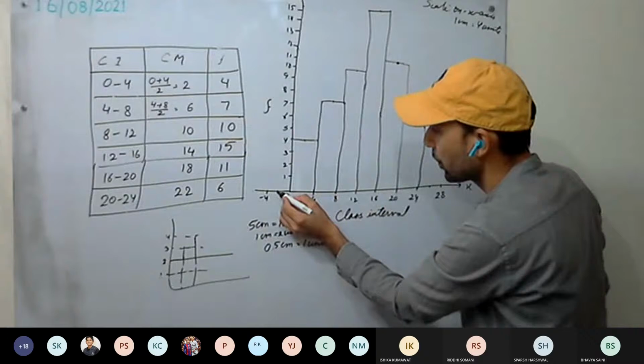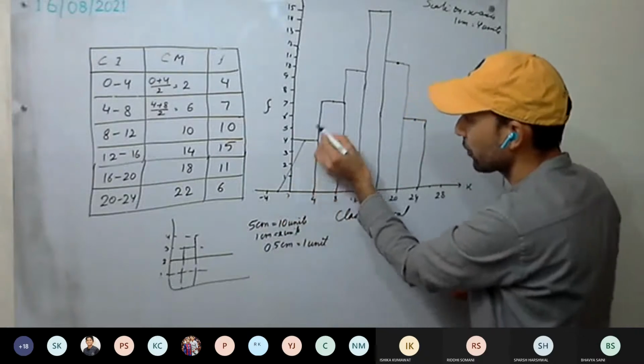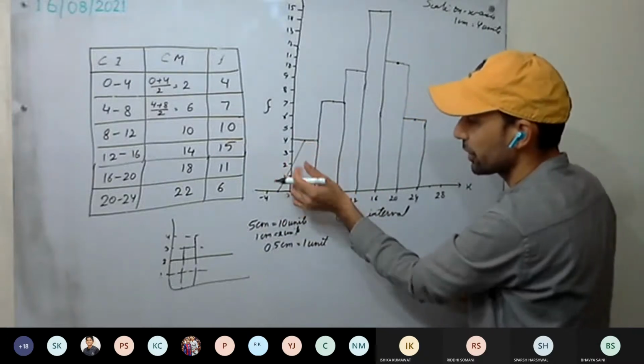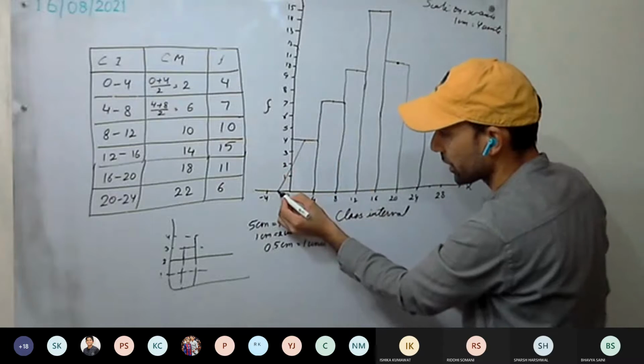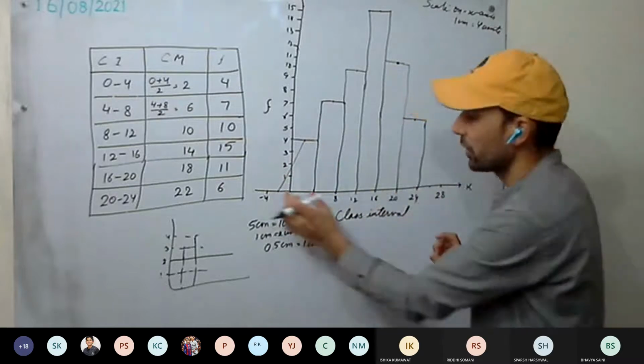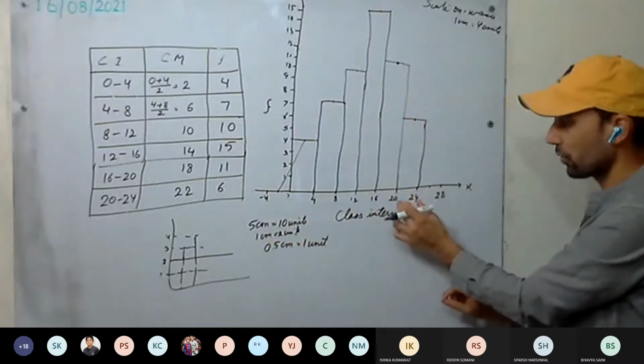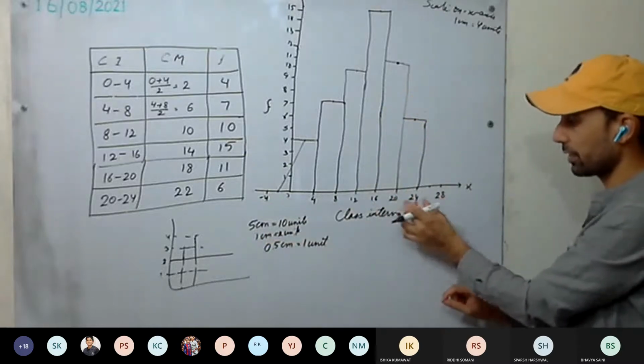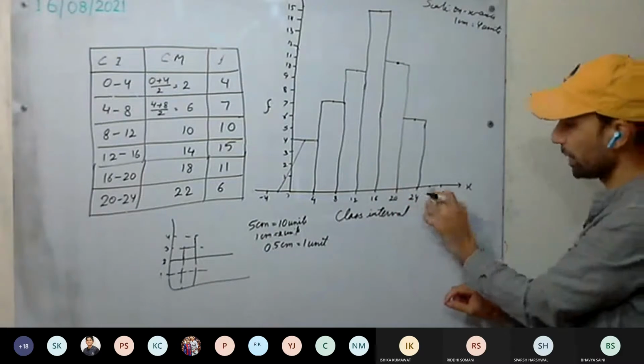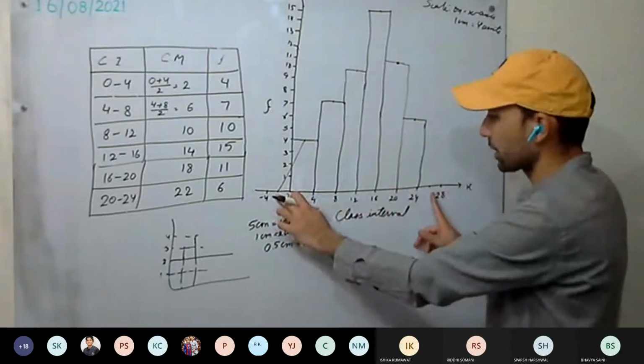See here, it looks better. Otherwise, if we start from here, there will seem to be some discontinuity. So we start from here. What we do is take one class immediately before the initial class and one immediately after the final class, the last class, and mark their class marks.